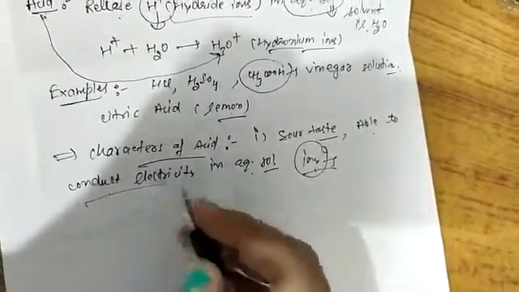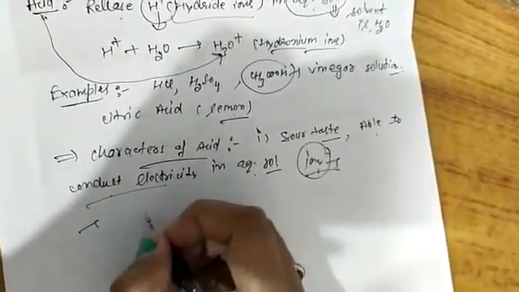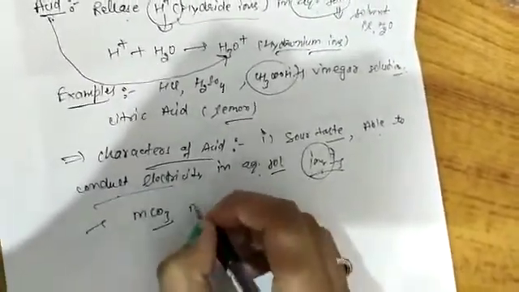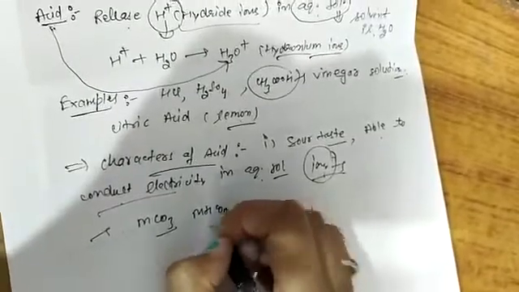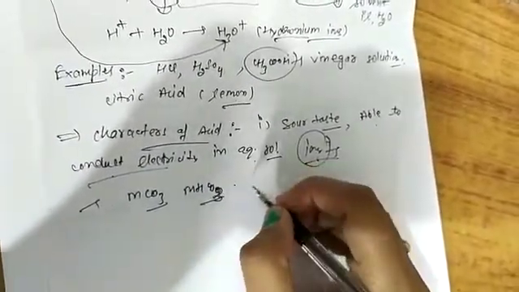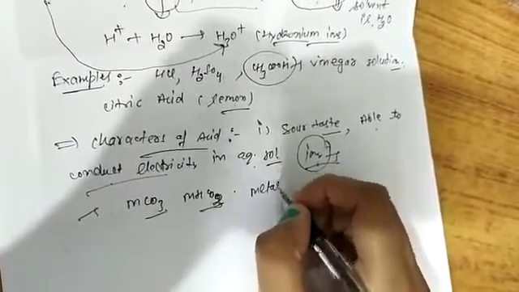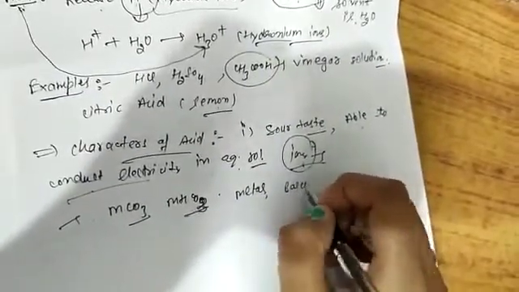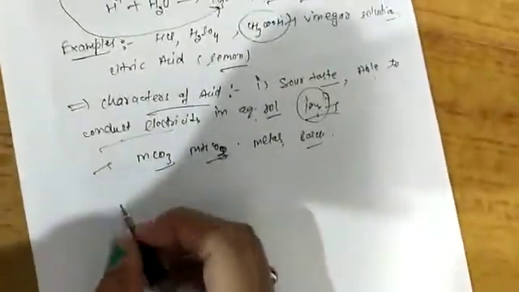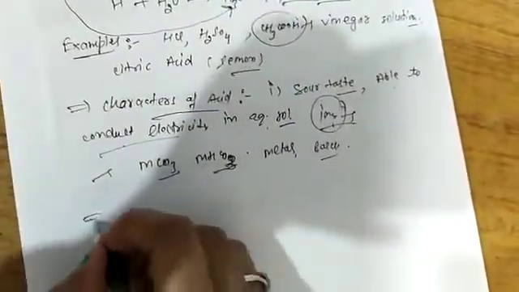All acids are able to react with metal carbonates, metal hydrogen carbonates, and with simple metals, and even with bases also. There are more important characteristics of acid.